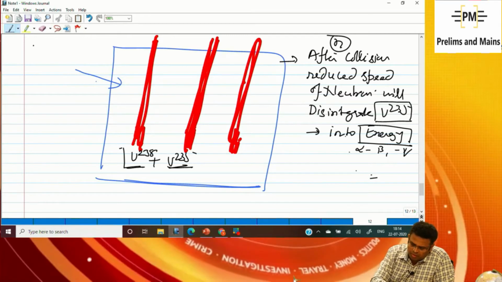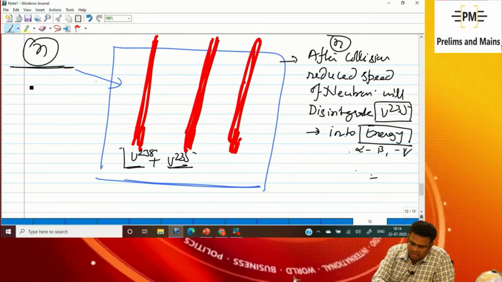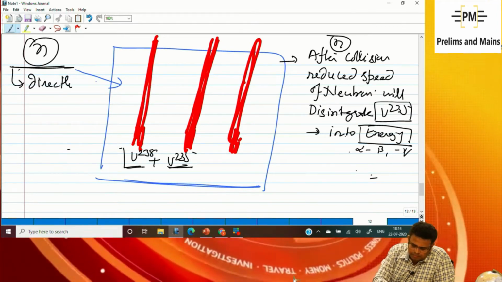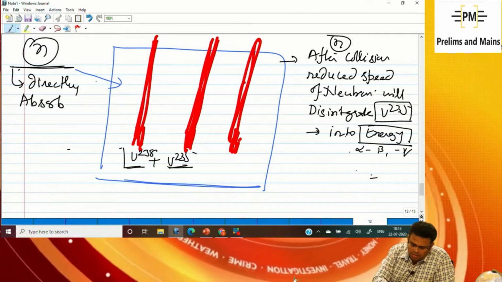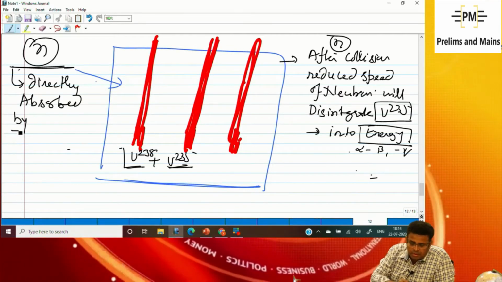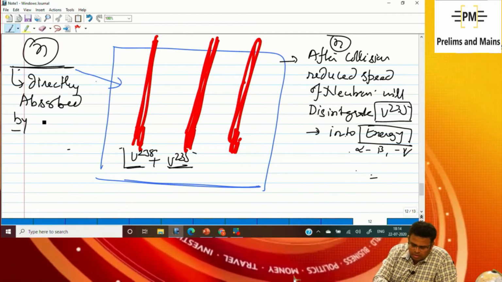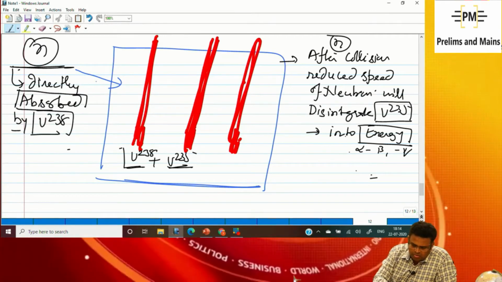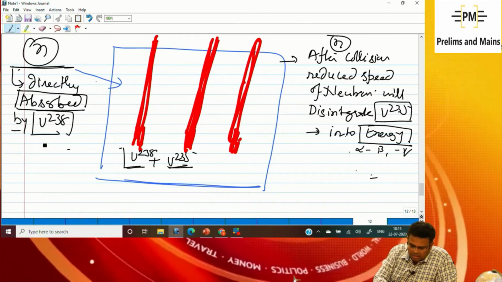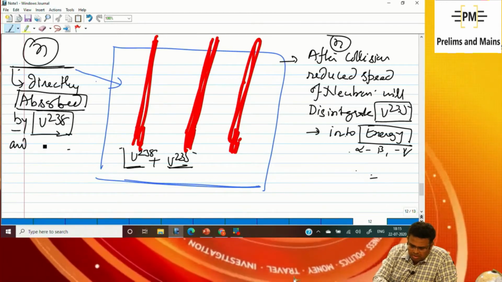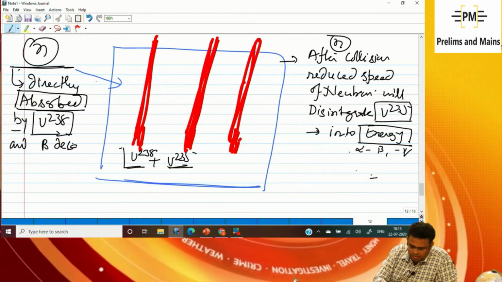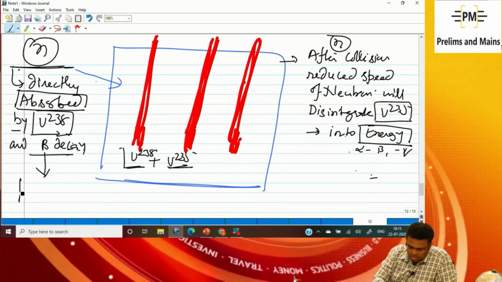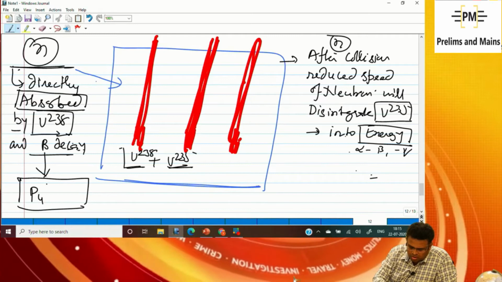Another role of neutron will be that it will be directly absorbed by uranium-238, and beta decay will convert uranium-238 into plutonium-239.